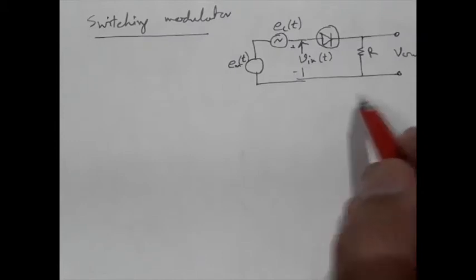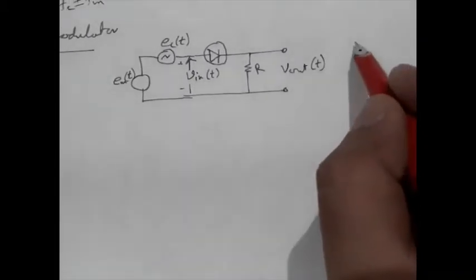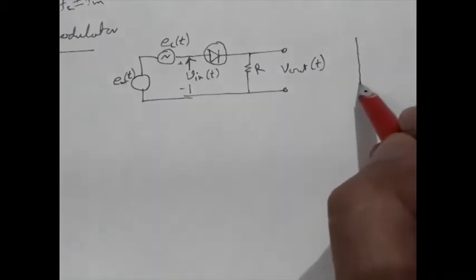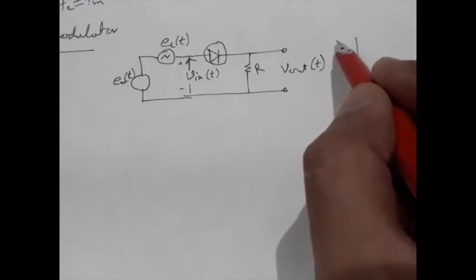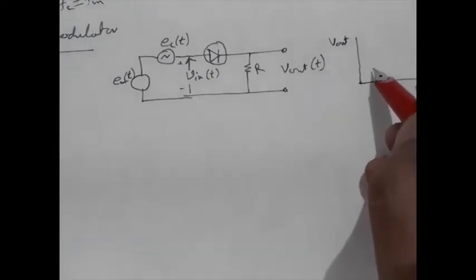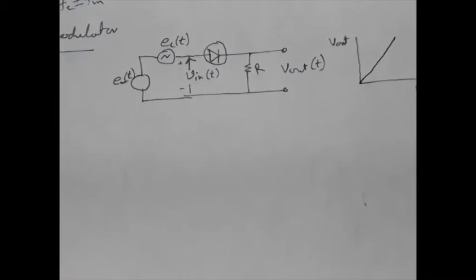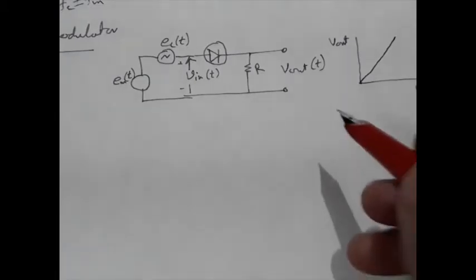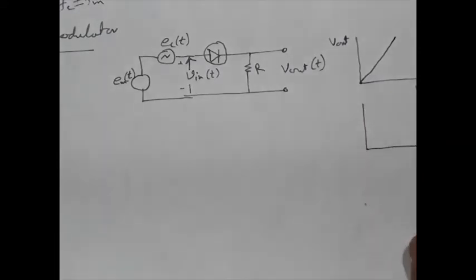Here, unlike the square law modulator, we will use this diode in the linear region. If you remember, the IV characteristics of a diode is like this.